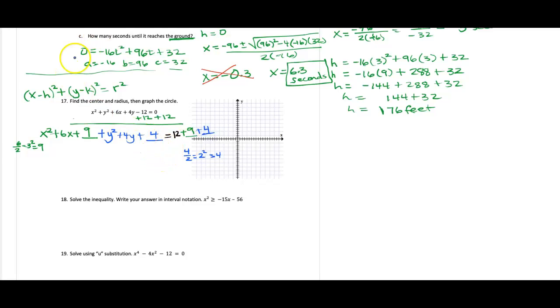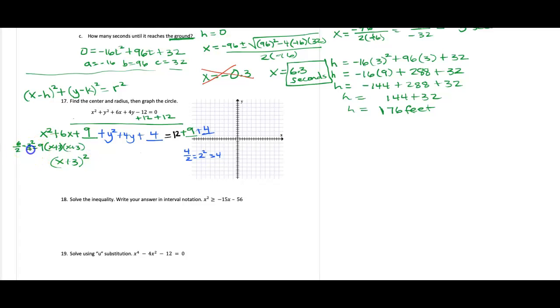Okay, and now we've got to get it looking like this. We made these into perfect square trinomials. If I factored this, just like it is here, what multiplies to be 9 that adds to be 6? That would be 3 and 3. Another way I can write that is x plus 3 all squared.